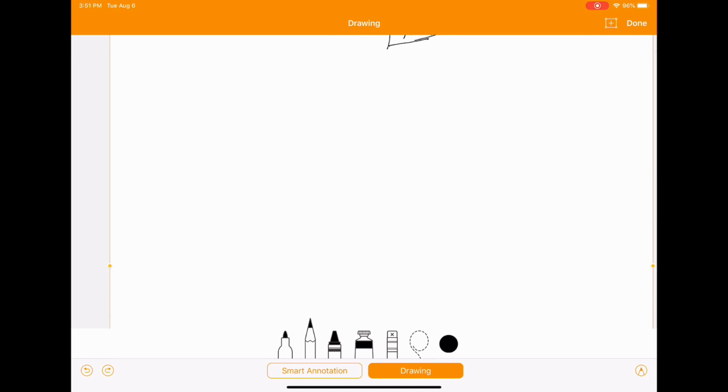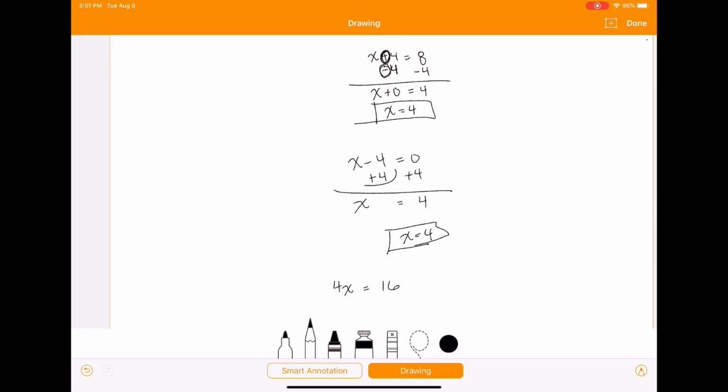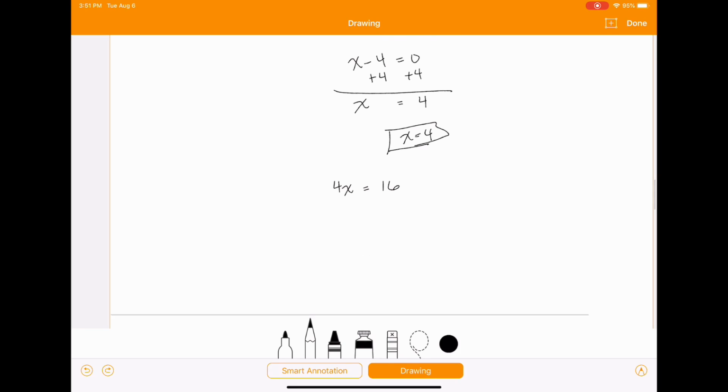Now, if we look at something that has multiplication in it, we're going to go ahead and have, let's just say, 4x equals 16. So just like we did up here, how we were doing the opposite of what our operation was, we want to do the same with multiplication.